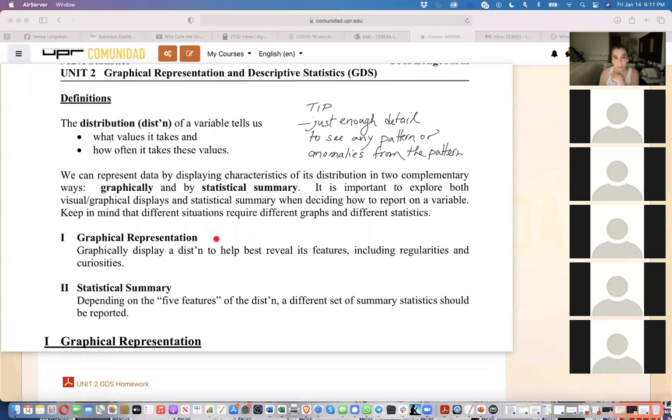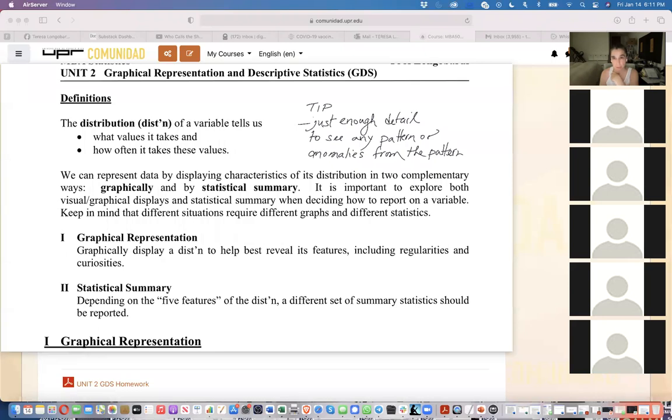So first, you notice I put this first because it's first: graphically display a distribution to help best reveal its features, including its regularities and curiosities. But not too much detail, and you'll see what I mean.